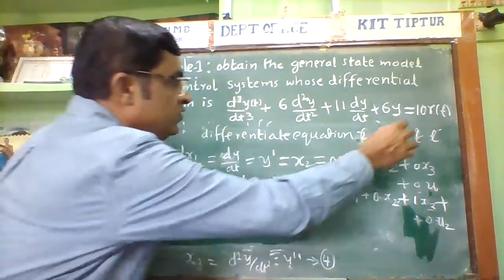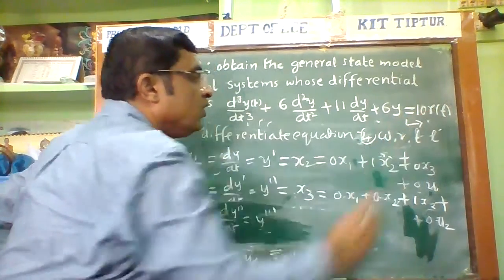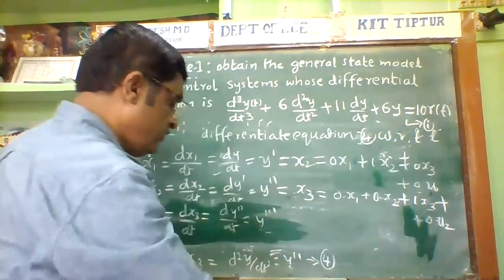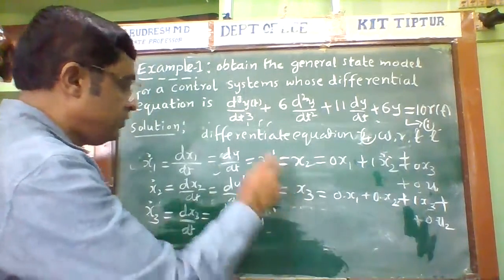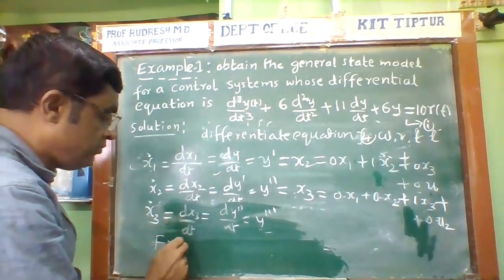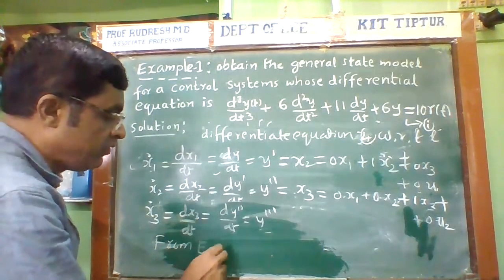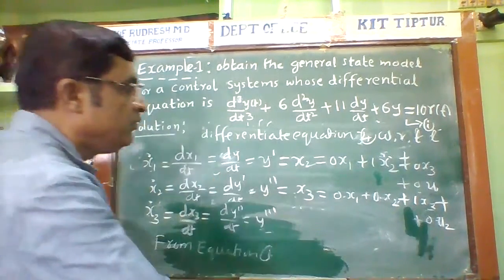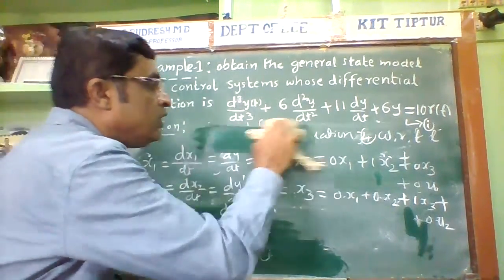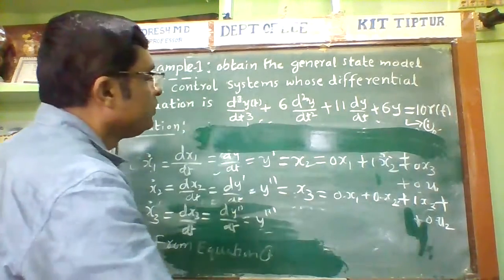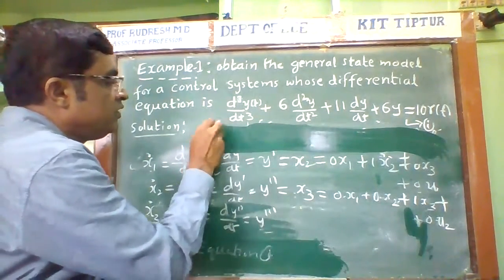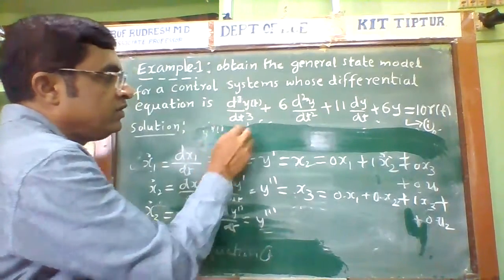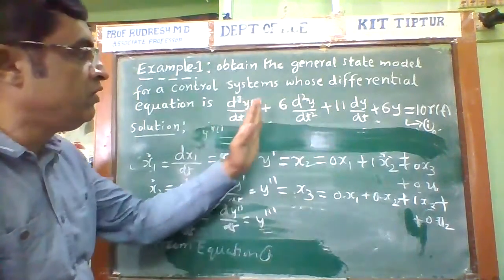From equation 1, consider this as equation 1. What is the value of y triple dash from equation 1? I need to bring all the other quantities to the right hand side.